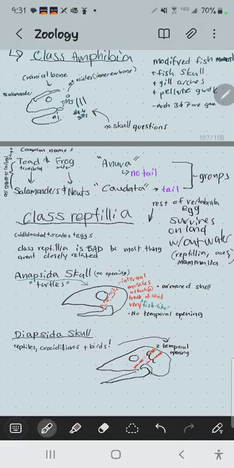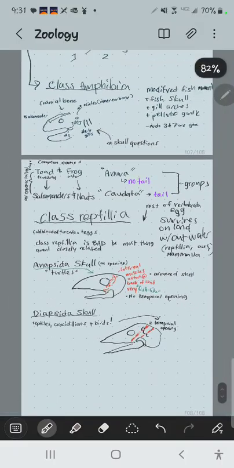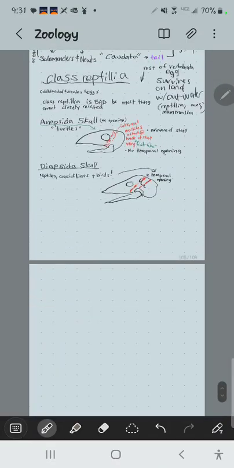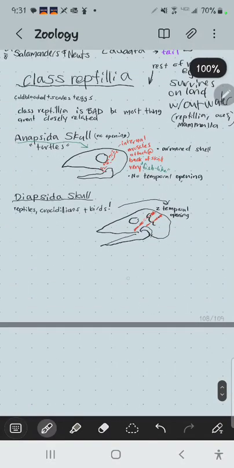These foramens are for nerves to exit, or basically for sensory cells from outside to go into the brain. So don't worry about the name foramen. Basically, there is an opening in the jaw and an opening in front of the eye on the crocodile skull, or the alligator skull here, that the lizard doesn't have.